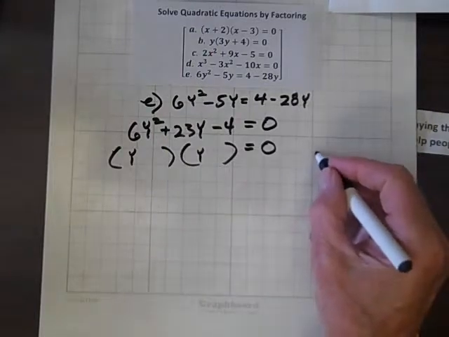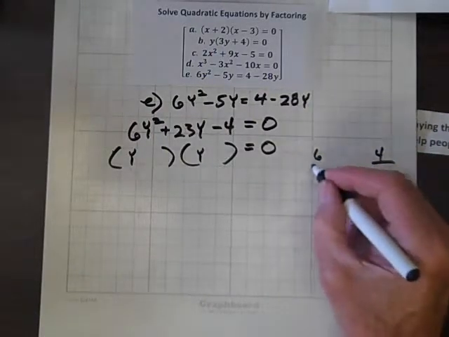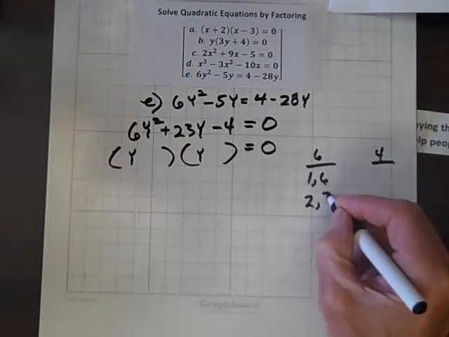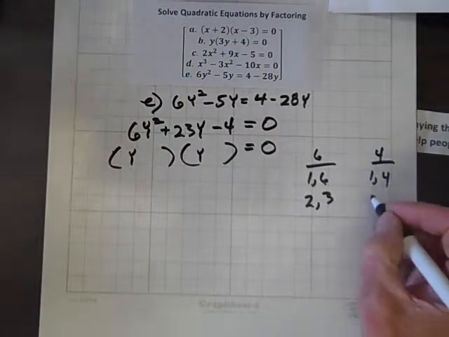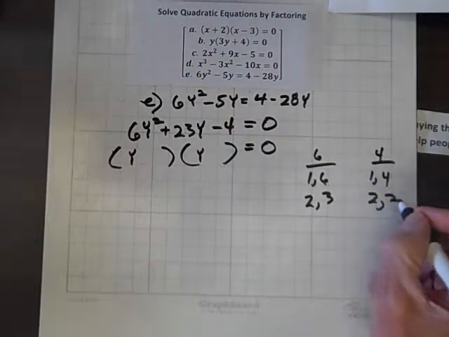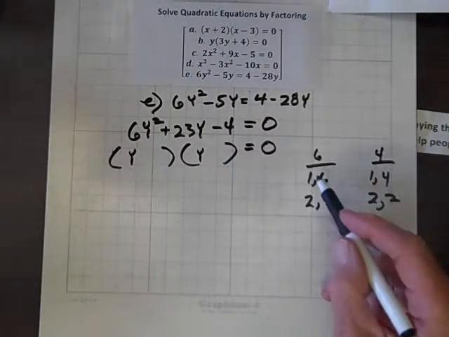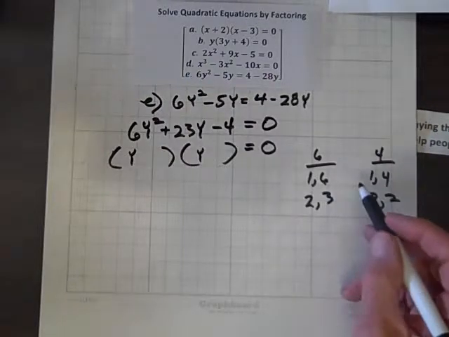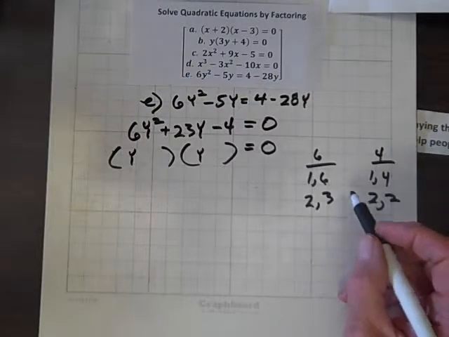So let's list the factors of 6 and the factors of 4: 1 and 6, 2 and 3, and 1 and 4, and 2 and 2. And see if there's some combination of products of these factors that will have a difference of 23.